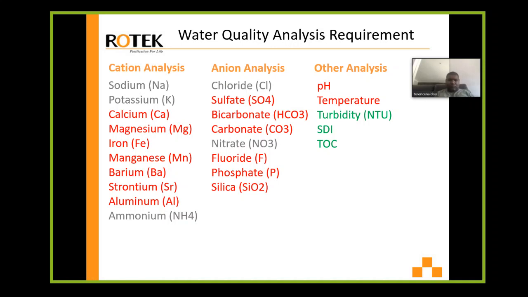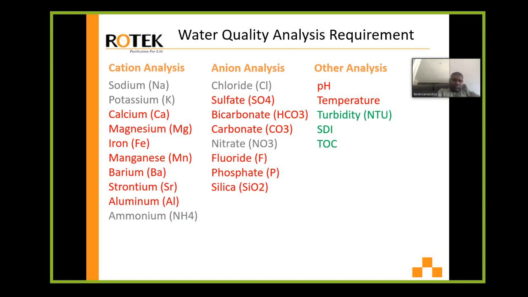Water quality analysis requirements. So if we want to guarantee the customer, okay, if you give me this analysis and we want to guarantee that the system recovery rates will not fall within 1 year, then this should be the complete analysis that we should be getting.